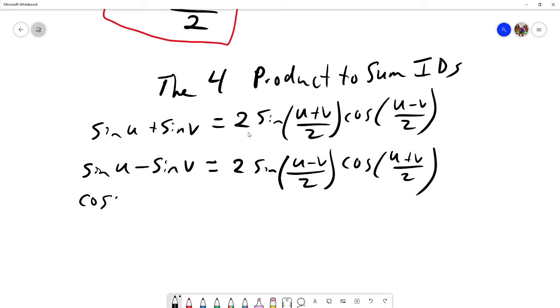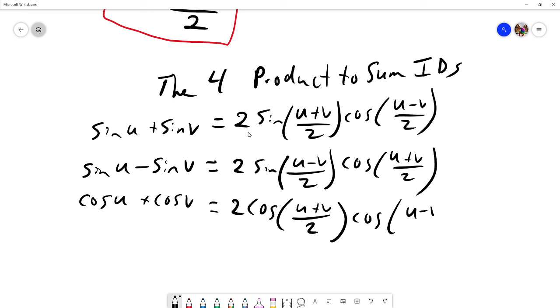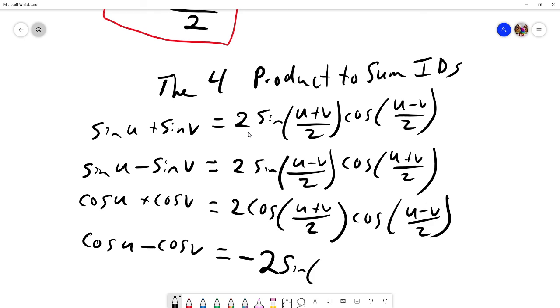And then we have cosine of u plus cosine of v is equal to 2 cosine of u plus v over 2 times cosine of u minus v over 2, and cosine of u minus cosine of v is equal to negative 2 sine of u plus v over 2 times sine of u minus v over 2.